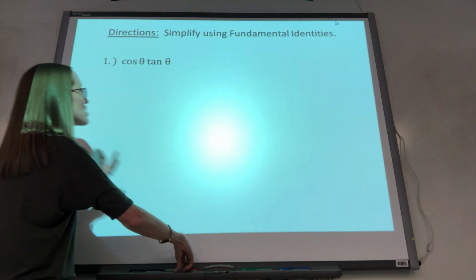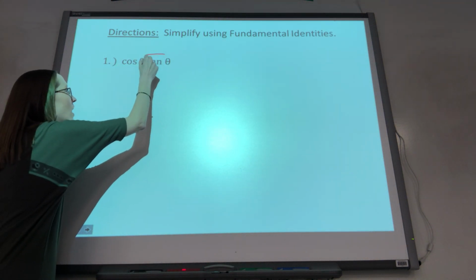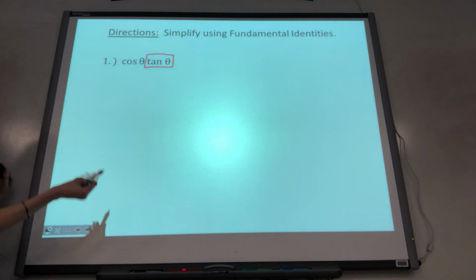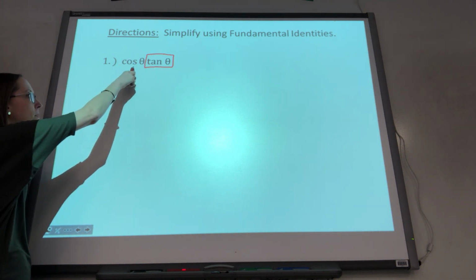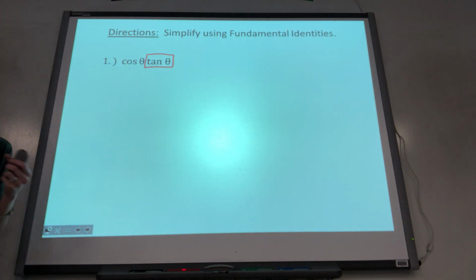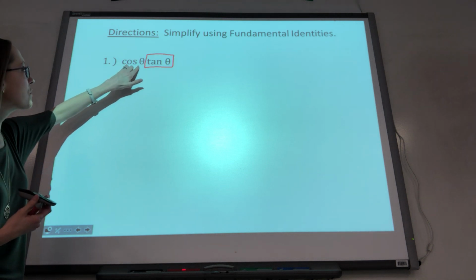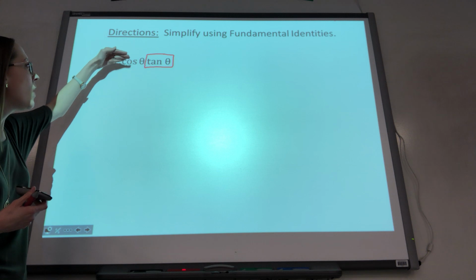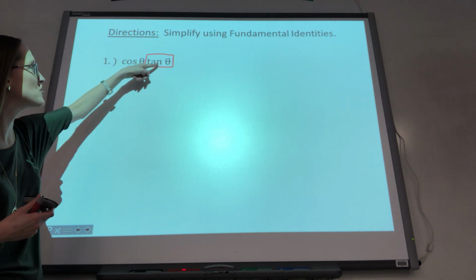Now, since we're just getting started, I'm going to just kind of show you what I did on this first problem, and then you can kind of see how this is going to work. I scanned my identities for cosine, and the only identity I can really use for cosine is the reciprocal identity, where I rewrite it as 1 over secant. But if I do 1 over secant, it's not really going to have a tangent in it.